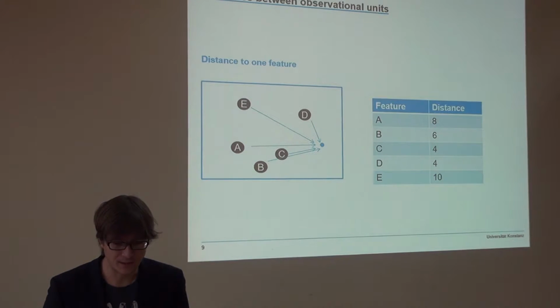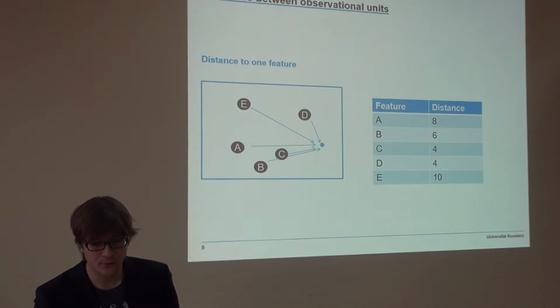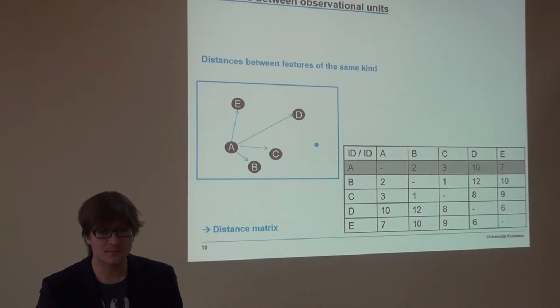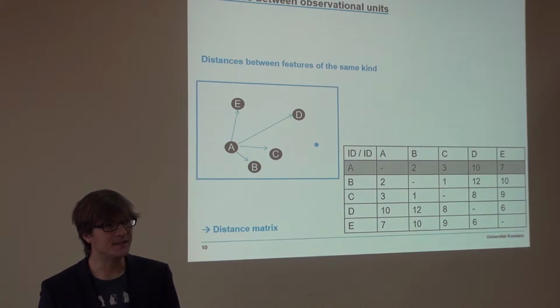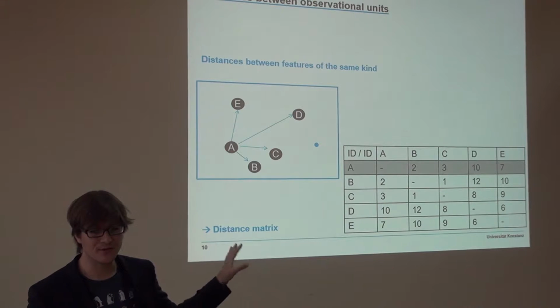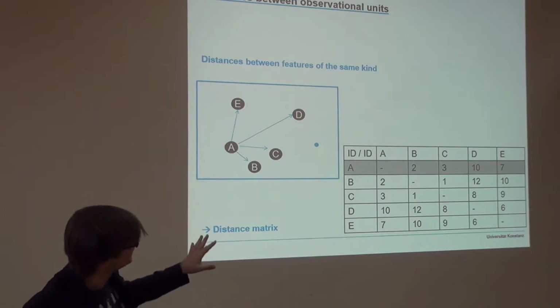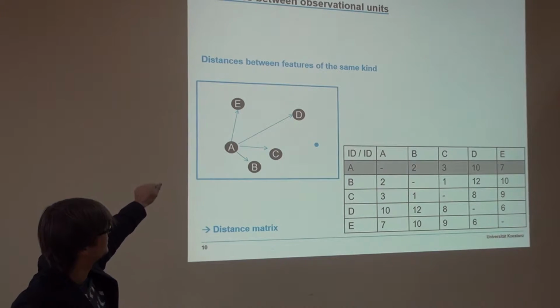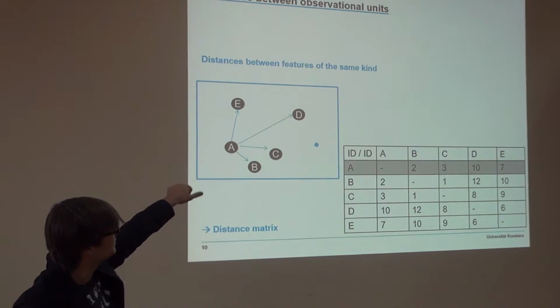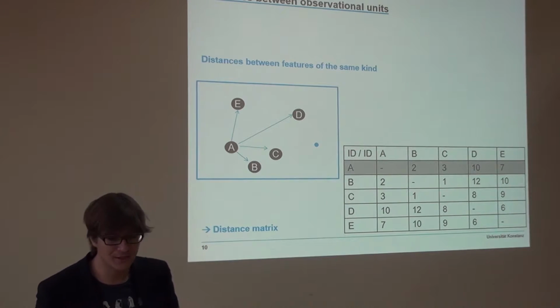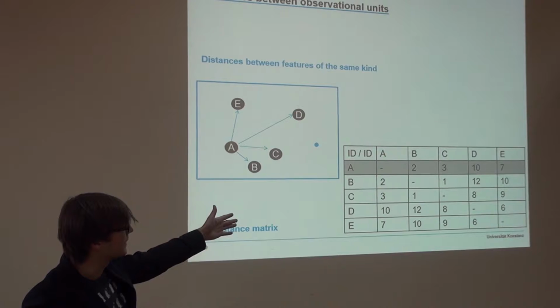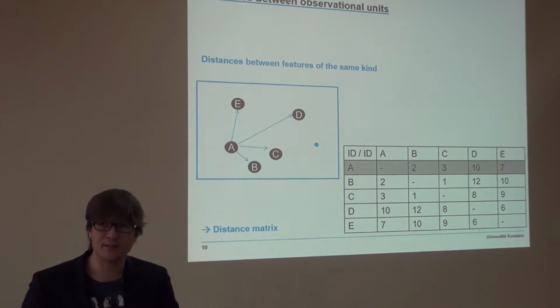Yeah, that's more or less it, but it can be very interesting. So what we do in spatial statistics now is that we calculate the distances between features of the same kind. So here in this picture we calculate the distances from A to all the other observations, to B, to C, to D, to E, and we do this for all the observations, and what we get is a distance matrix.